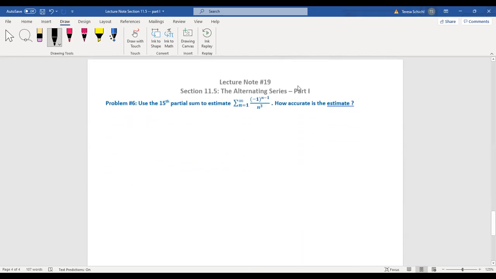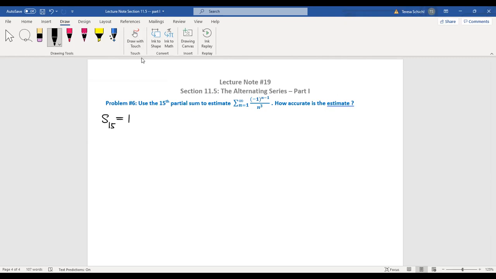So they say use the 15th partial sum to estimate, and ask how accurate this estimation is. Basically you just do S15, right? When n equal to 1 it is 1.